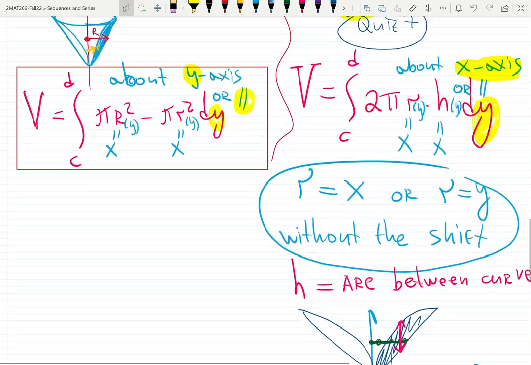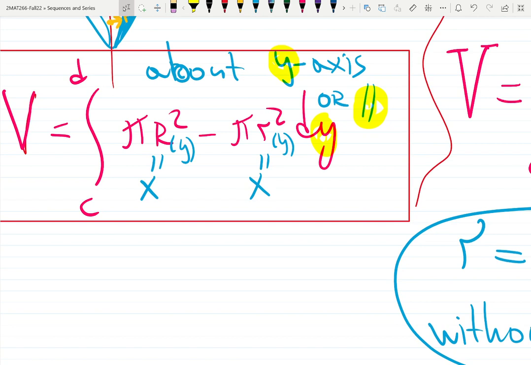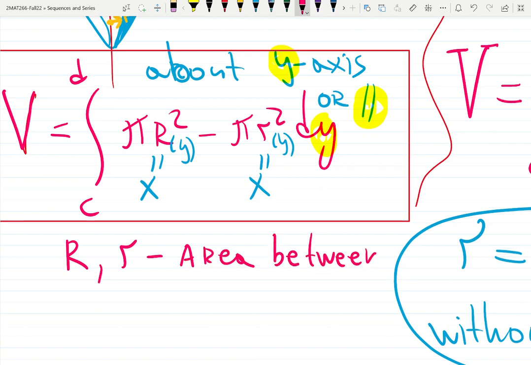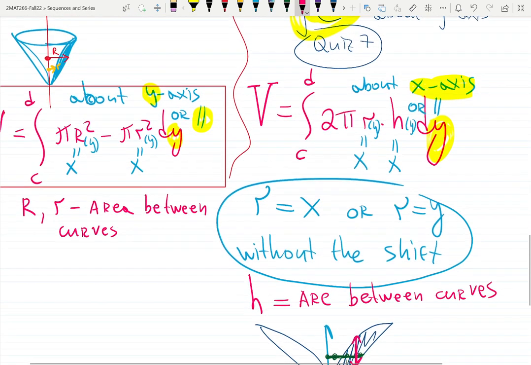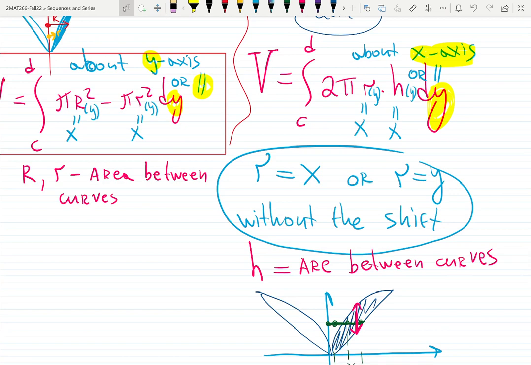Same actually here: pi r squared, r can also be area between curves. Sometimes it's simple, like the curve minus 0, then you don't be bothered by this. Sometimes it's not, as you can see, top minus the bottom or right minus left. What do you think? Does it make sense, or has it made it worse?